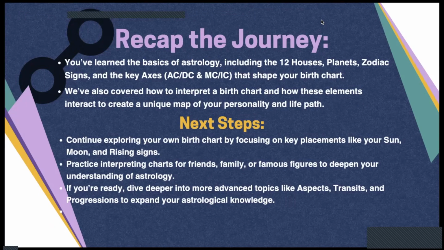Just simple, the basics, nothing too hard or complicated, including the 12 houses, planets, zodiac signs, and the key axes, the AC and DC, and the MC and IC that shape your birth chart. We've also covered how to interpret a birth chart and how these elements interact and create a unique map of your personality and life path.